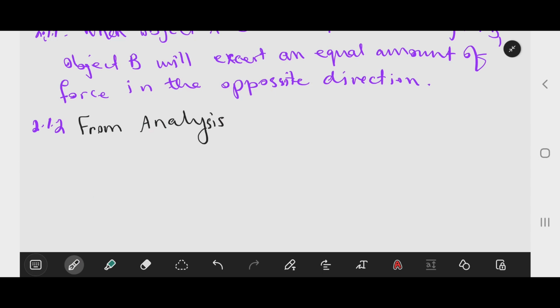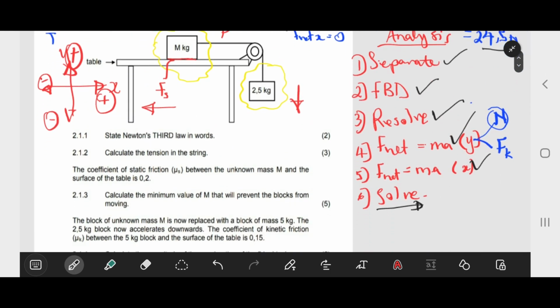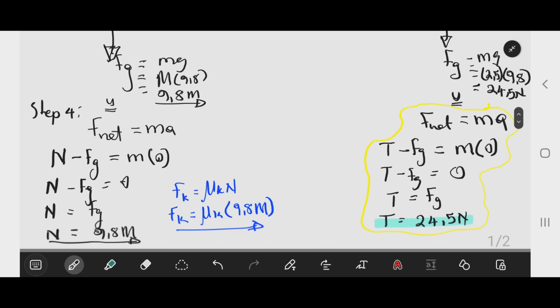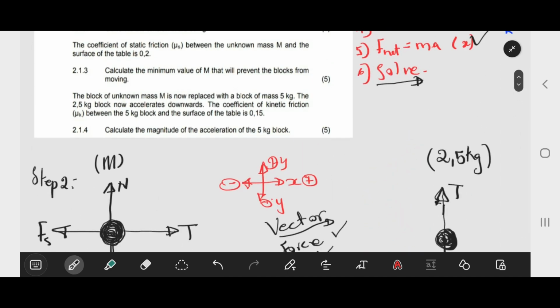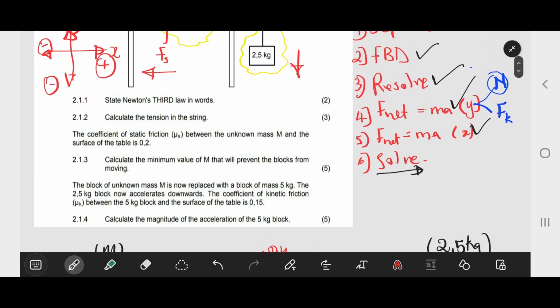All right, so let us look at the next question. So remember, we have obtained our tension to be 24.5 newtons. Now they said the coefficient of static friction between the unknown mass m and the surface is 0.2.